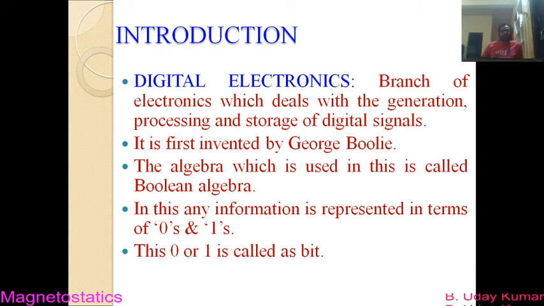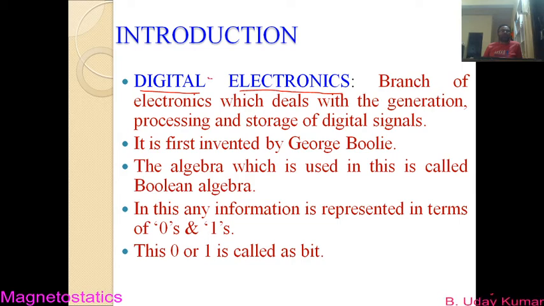So this slide includes the introduction of this chapter. For convenience, let me take the marker now. Coming to the introduction, first of all we try to understand what is digital electronics.